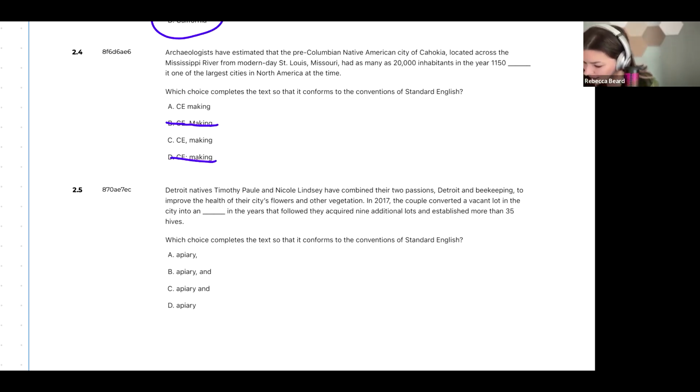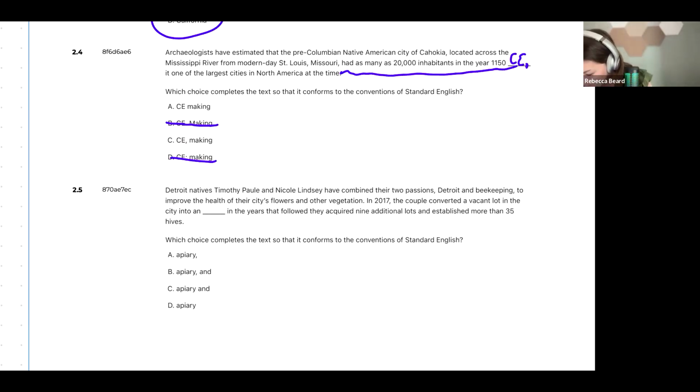Okay, so on this one, I would put the comma there because if you put a comma right here, what they are doing is they're saying that this right here is non-essential information. And since it is kind of a random interjection and it's non-essential, so on 2.4, the answer is going to be C.